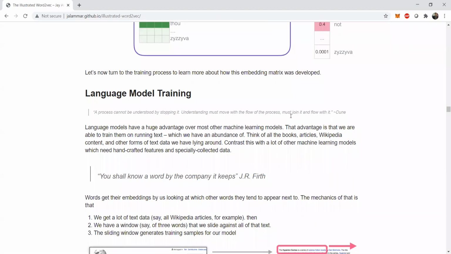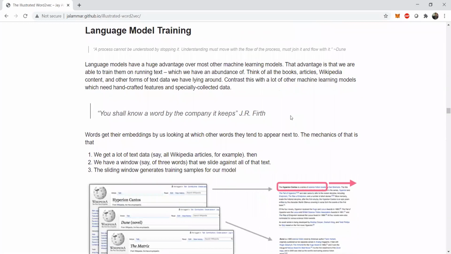In this context, there are some important things. When we are trying to train a language model, there will be lots of text. The input features are going to be enormous, because we are going to train it on all Wikipedia articles, all news corpuses. The second important factor is we are going to use a sliding window logic, where we select a window size.